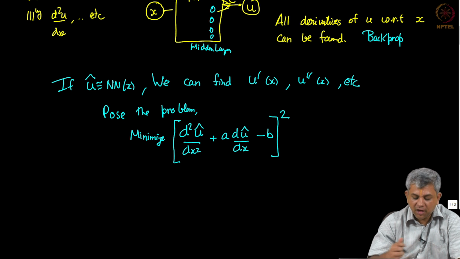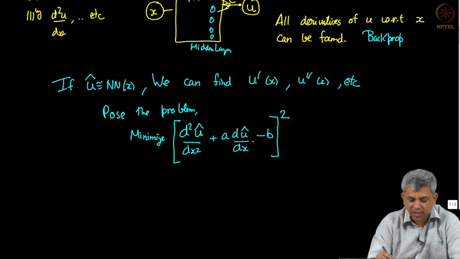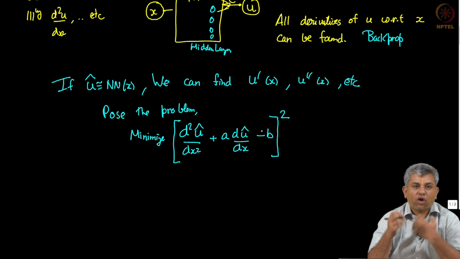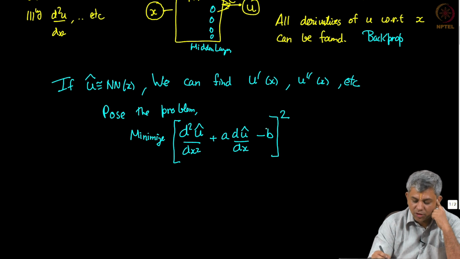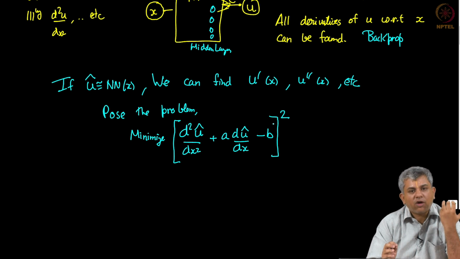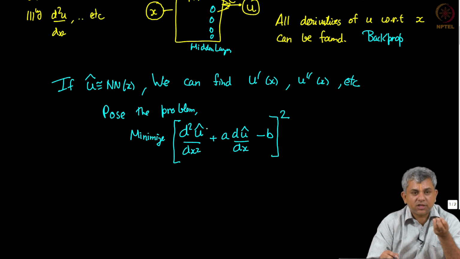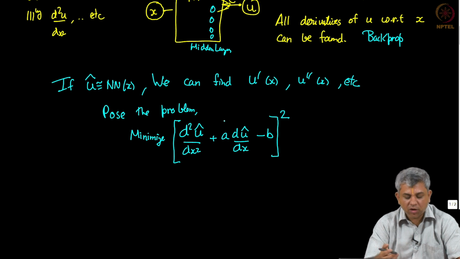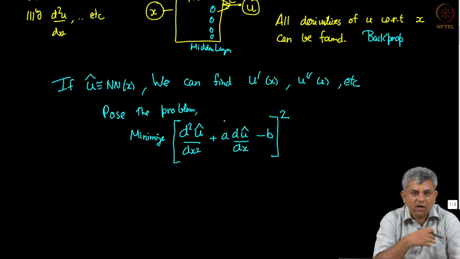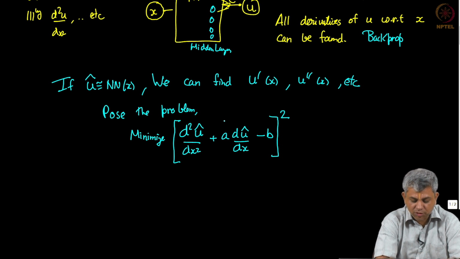So, this is an extremely clever posing of the problem. Instead of saying I solve d square u dx square plus a du dx minus b equal to 0, I say minimize this, and obviously the actual minimum will be only for the exact solution, because that would be 0. Now, what you will get in practice of course is something a little bit closer to 0, but it will not be exactly 0, because our neural network will in general not get the exact solution. Okay.